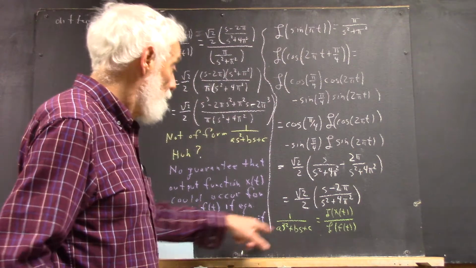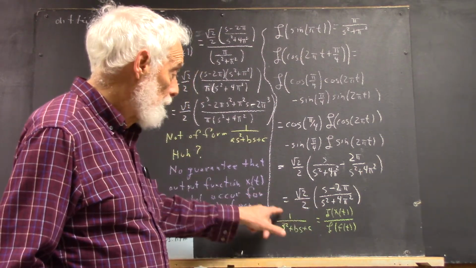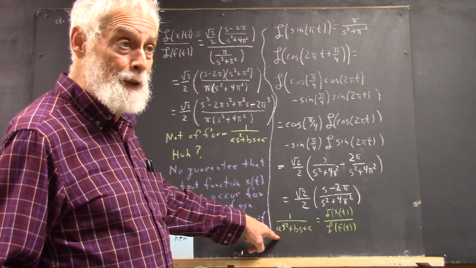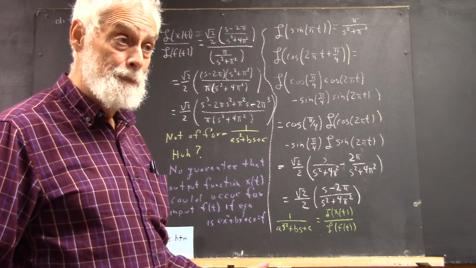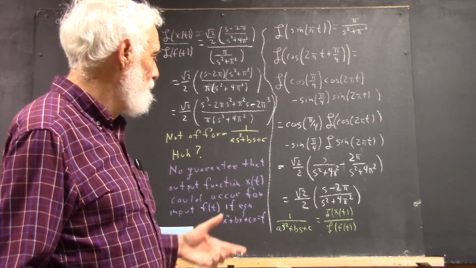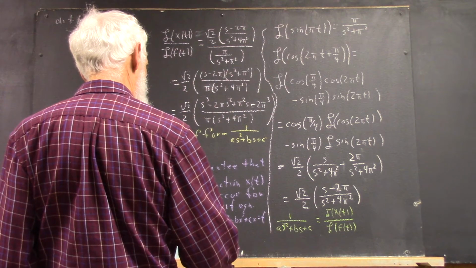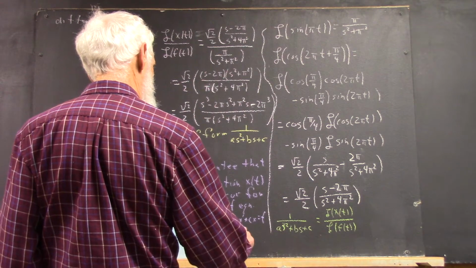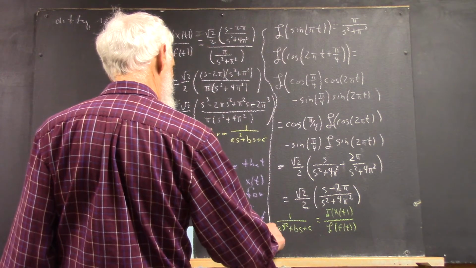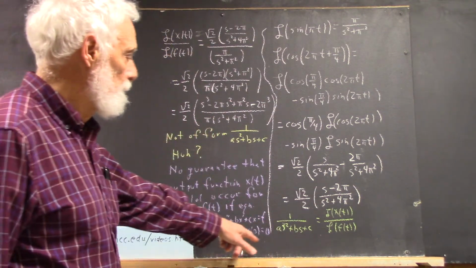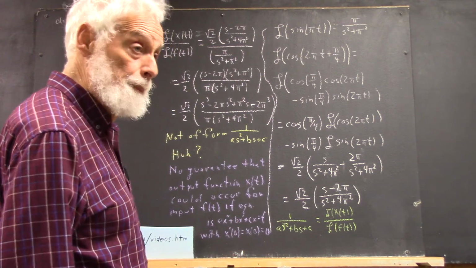If it does, then the output function, or the ratio of these Laplace transforms, has to be of this form, because we got this form by solving that general equation. Now I say of this form, with x of 0, x prime of 0 both equal to 0. Okay? Couldn't have happened.